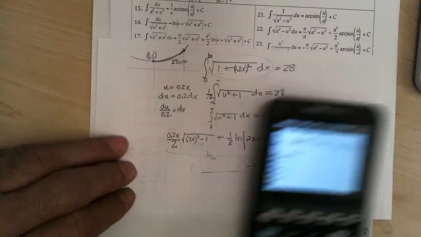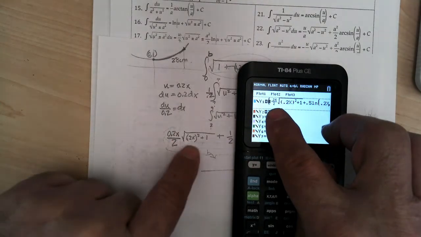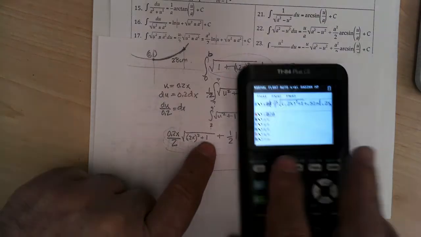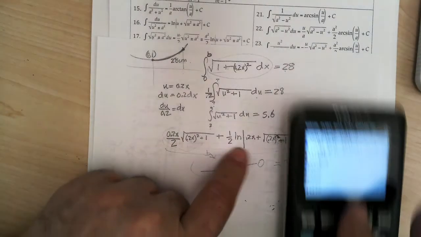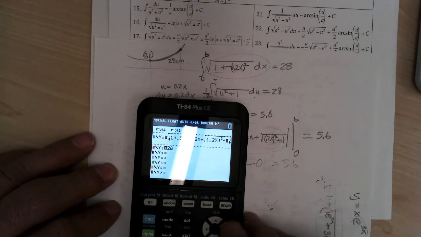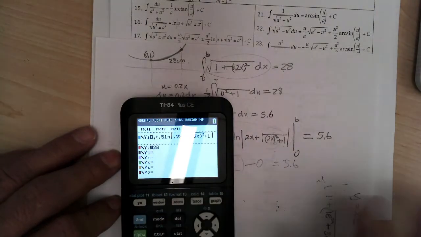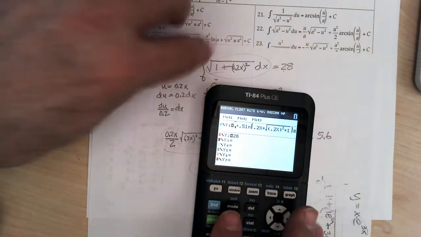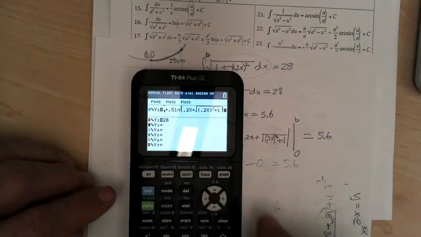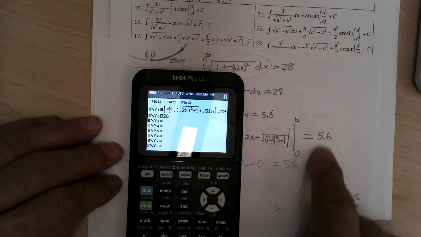So I have the 0.2x over 2 square root of 0.2x squared plus 1, 1/2, and then continuing on over here, ln of 0.2x plus that. And I don't need absolute value because we're staying in the positive side. We're over here in the positive, so don't need to worry about that. And I want to know when it's 5.6.